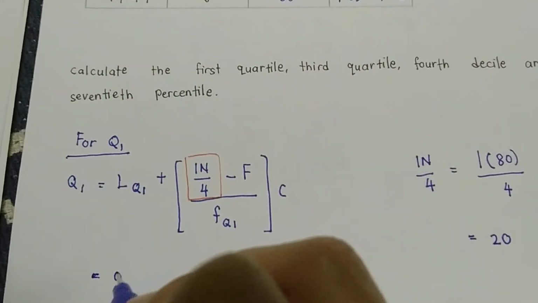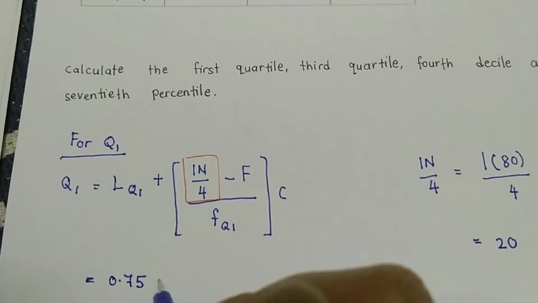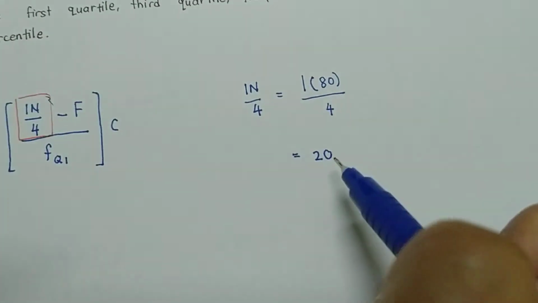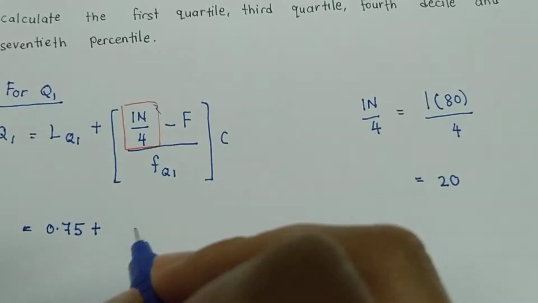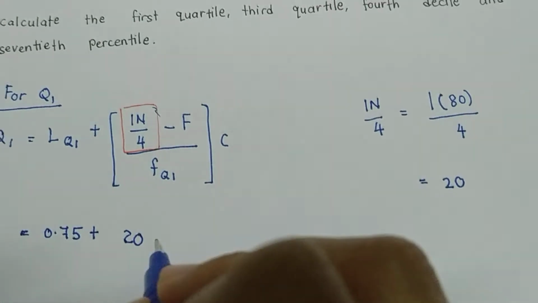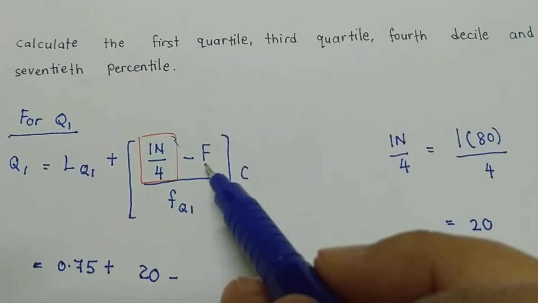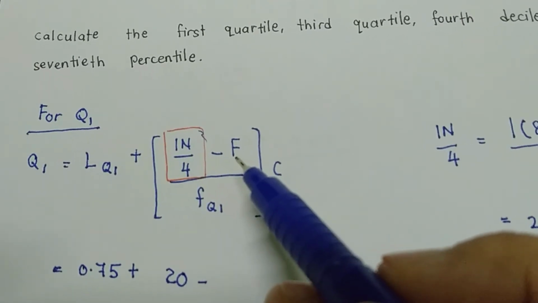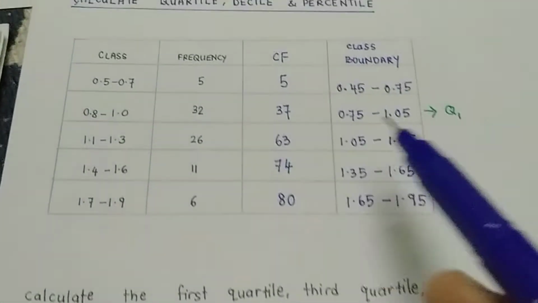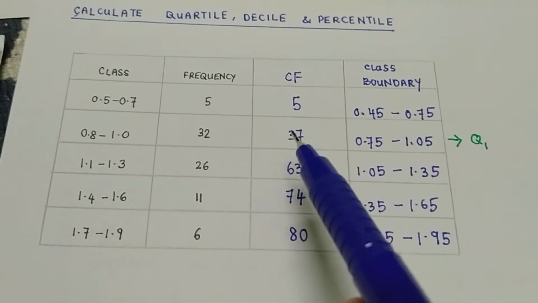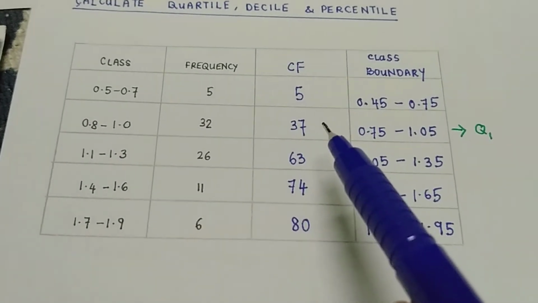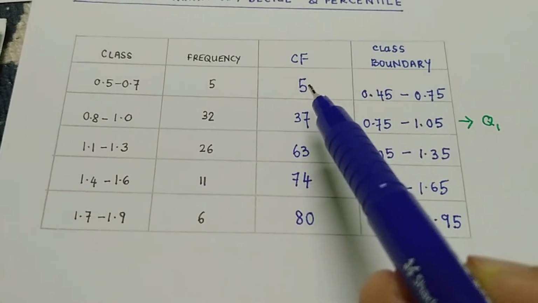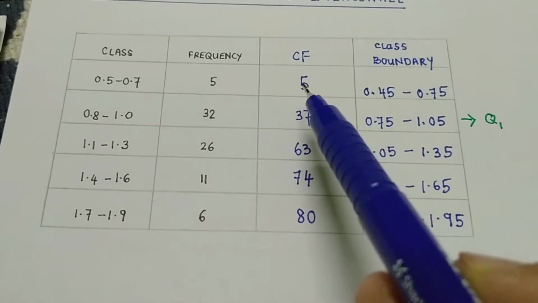So 0.75 plus 1n over 4, which we got just now is 20, minus capital F, which means the cumulative frequency before Q1 class. So the cumulative frequency before Q1 class is 5.